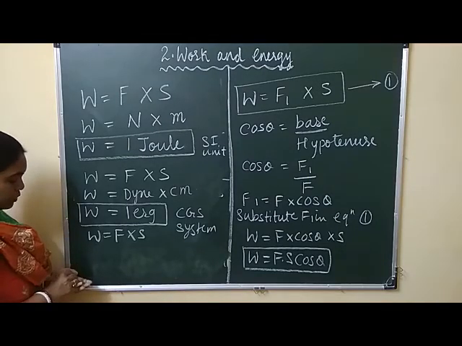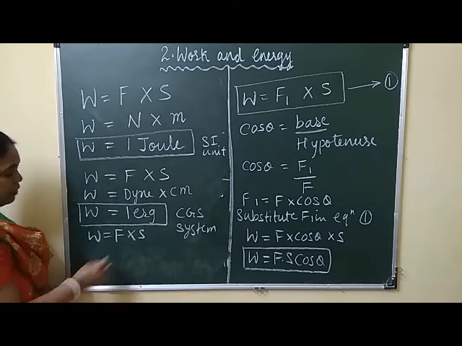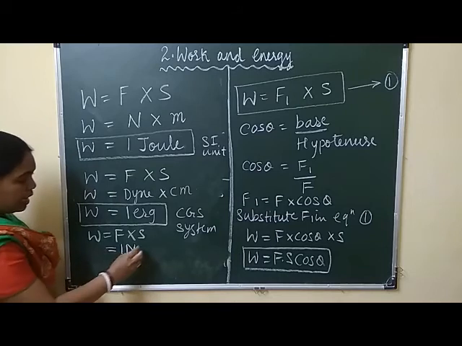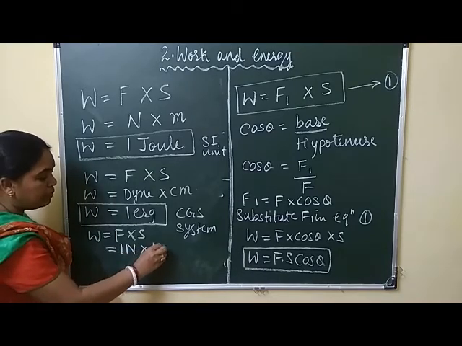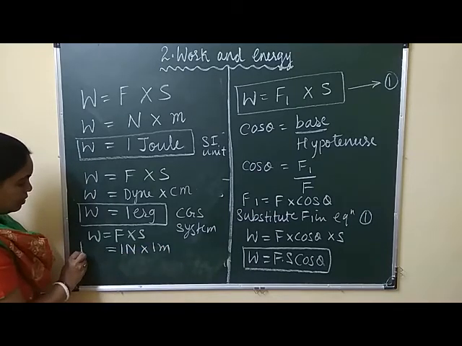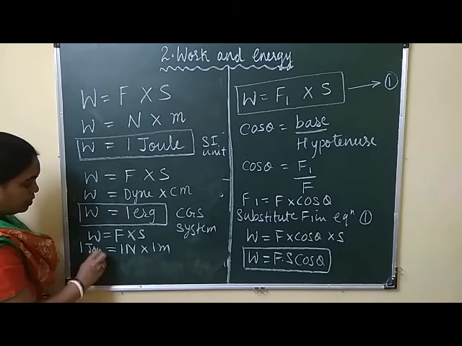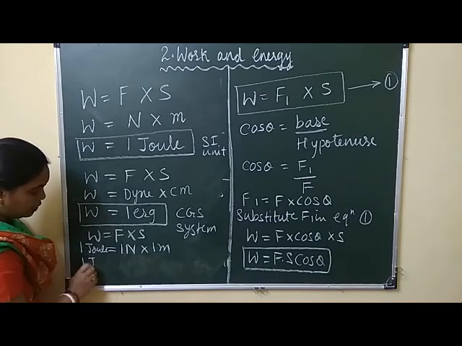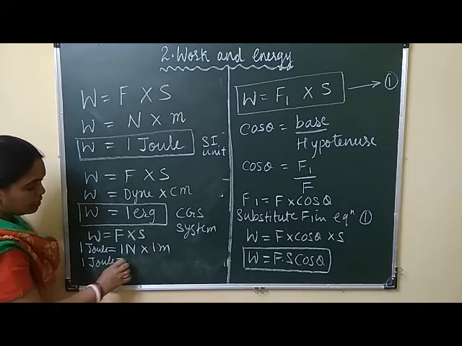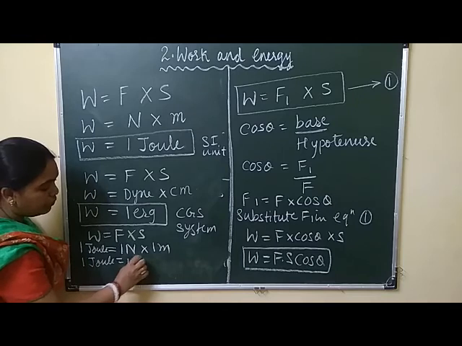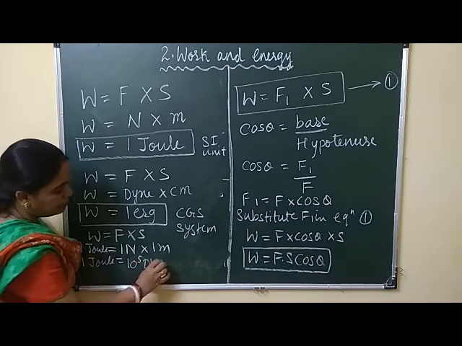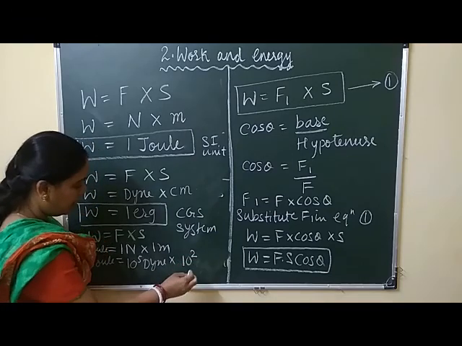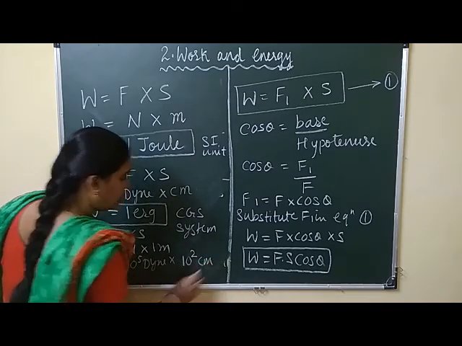Now how do we get joule? If the force is 1 Newton and displacement is 1 meter, then the work done is 1 joule. Okay? So I can write 1 joule equals 10 raised to 5 dyne into 10 raised to 2 centimeter.